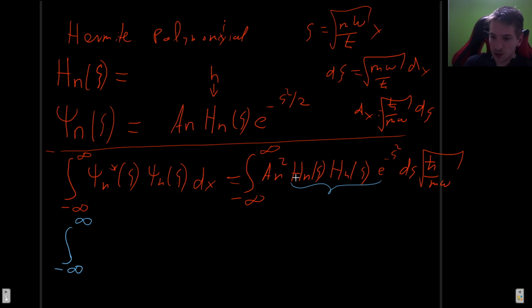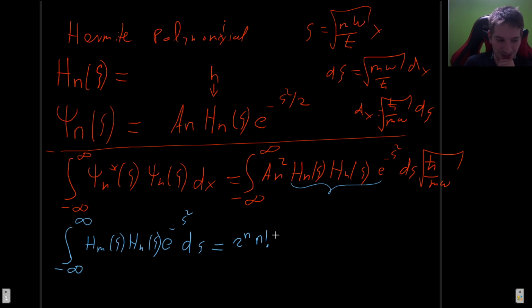When you multiply H_m of psi, H_n of psi times e to the minus psi squared dpsi, then this is going to be, if I remember correctly, let me double check, 2 to the n, n factorial, sorry.